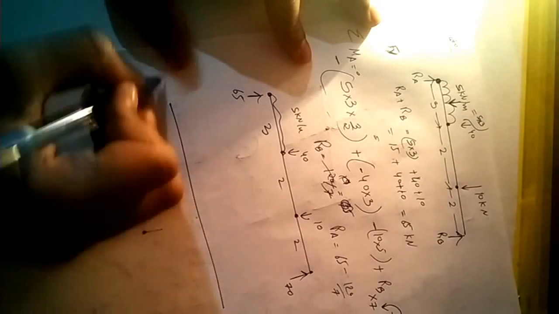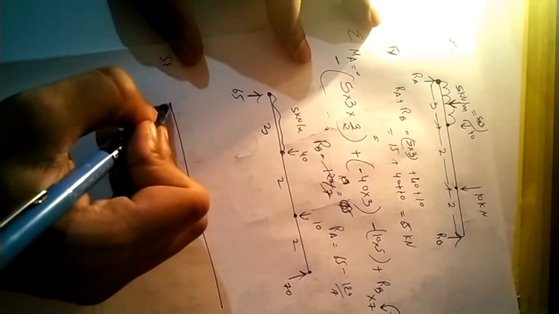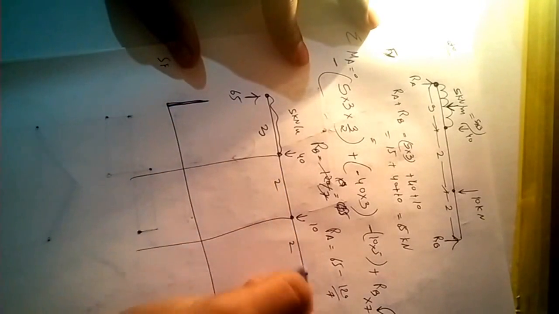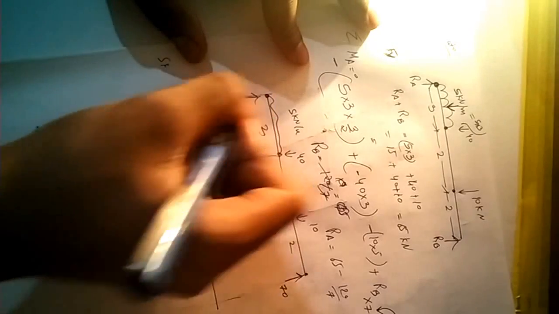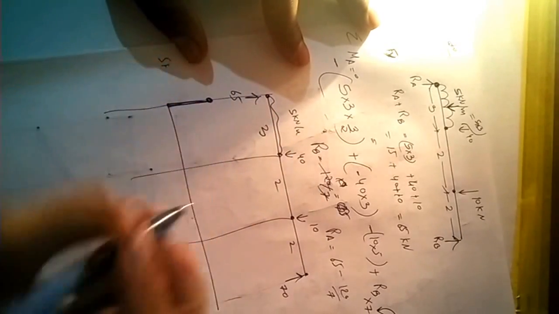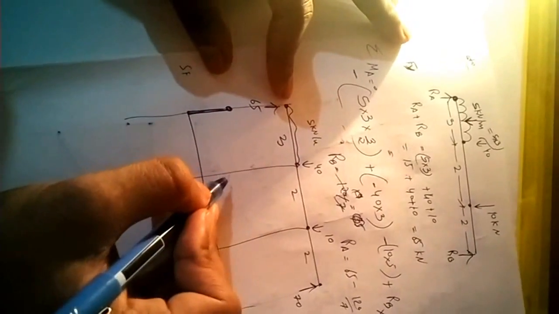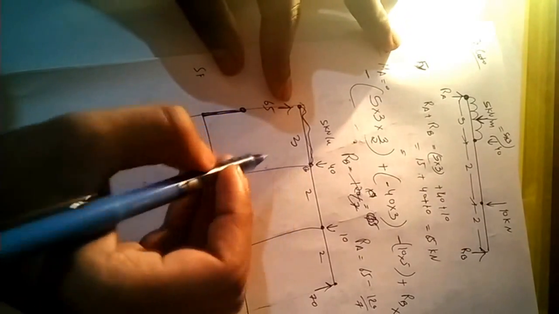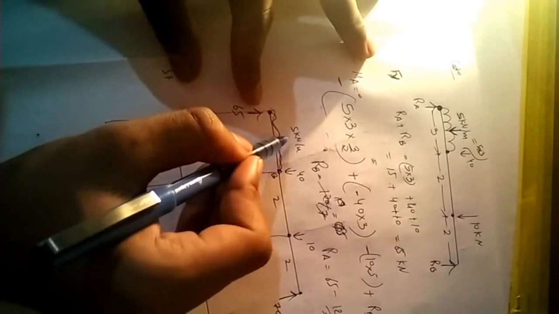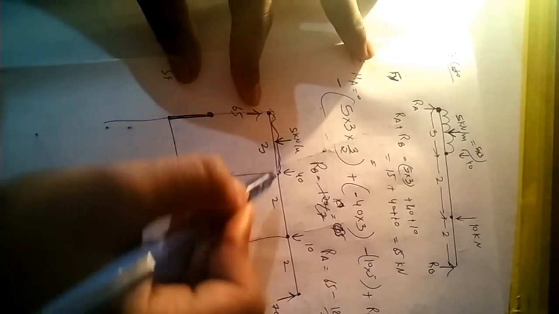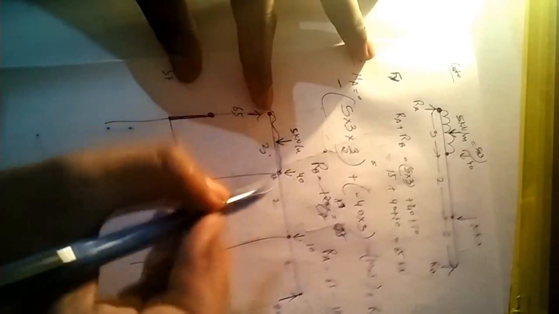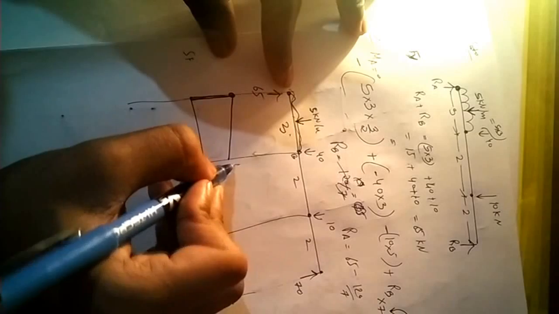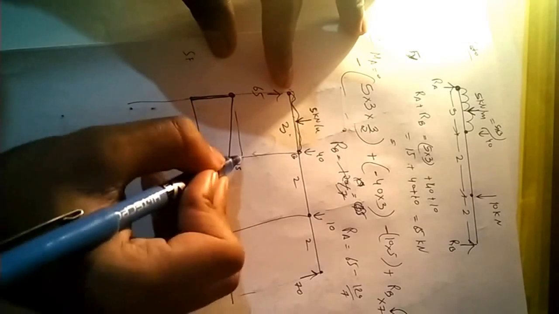Now how to make a graph of shear force? 65 we go up here. Now at point B there is a UDL, so shear force will uniformly decrease because the force is acting downward. It will decrease by 5 into 3, 15.